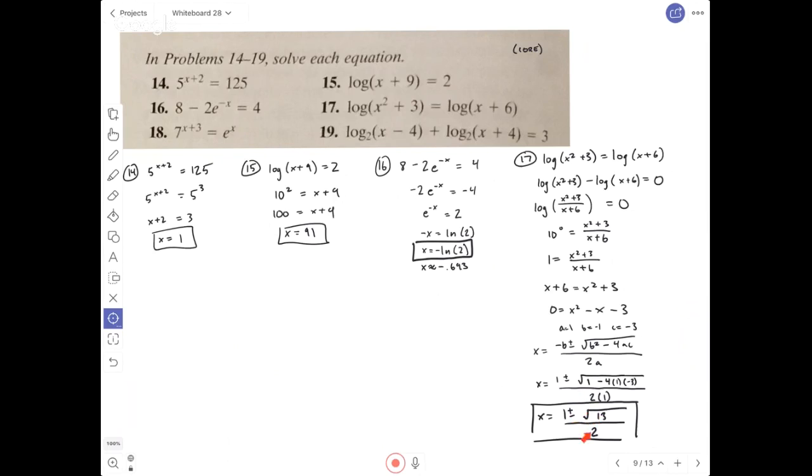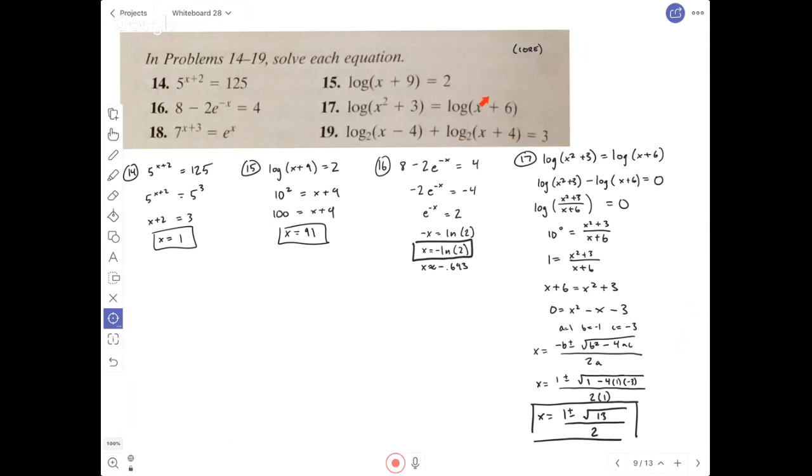So I need to check, was 1 minus root 13 over 2, was that greater than -6? Because if it had been less than -6, then when I plugged it into this log argument, it would have given me a non-real answer. It would have been impossible.